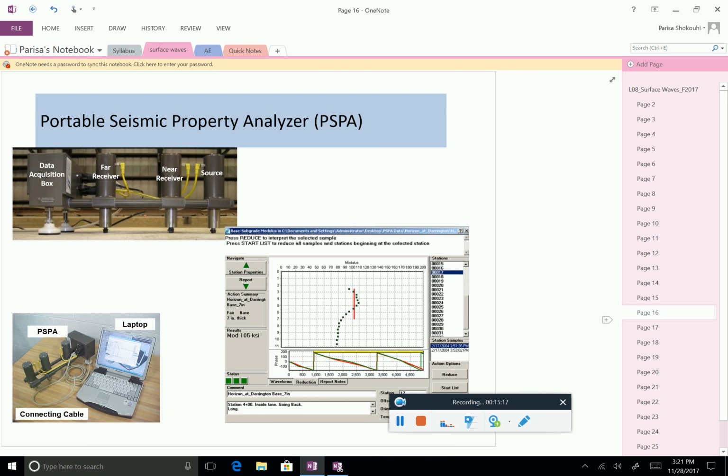One is this equipment where you have a source, you have a near and far receiver, and then you can get the dispersion curve. And if you are interested only in, let's say, the quality of a slab you are testing, you just look at the velocity at the top, and you don't need to do any inversion, and you are good with that.